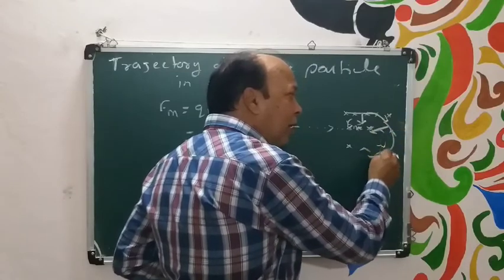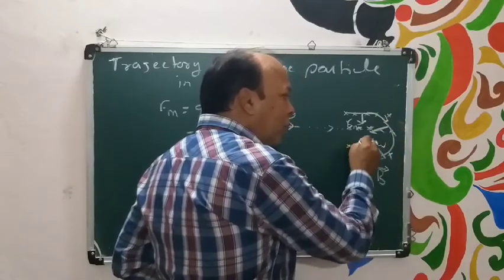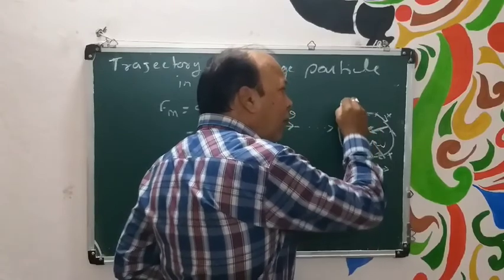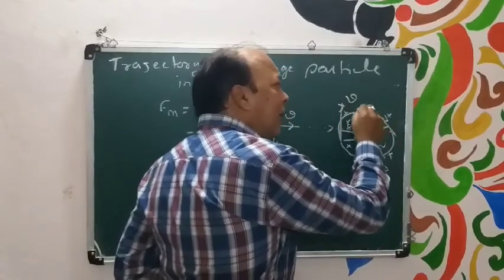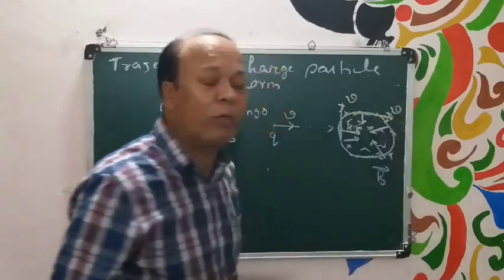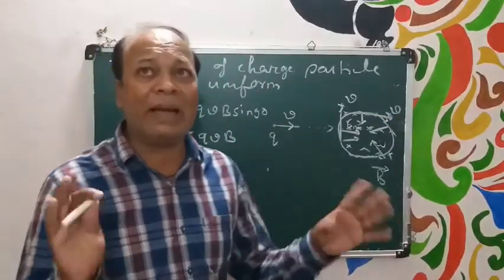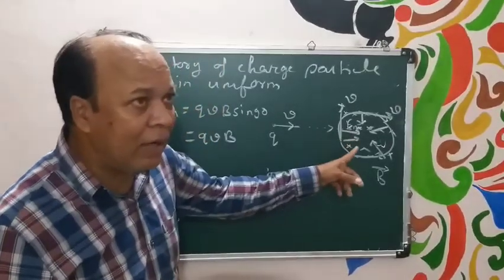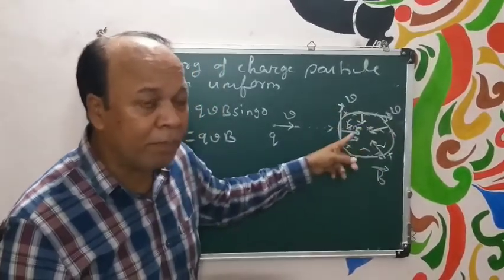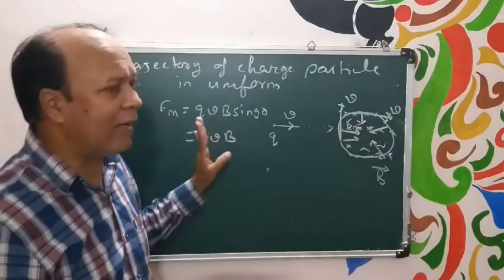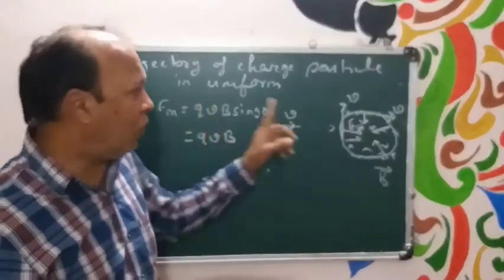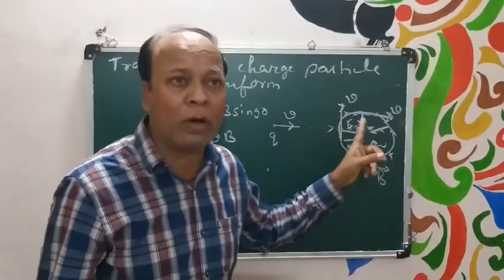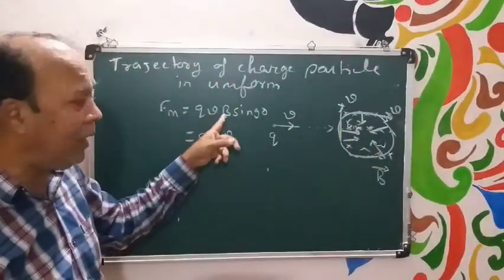That means in this way you will observe that as this force should remain normal to the motion of any charged particle, this force will now serve as centripetal force. So trajectory of the charged particle should be circular. Is that clear? Its trajectory should be circular as this charged particle enters. So direction of force should remain normal to V and B both.